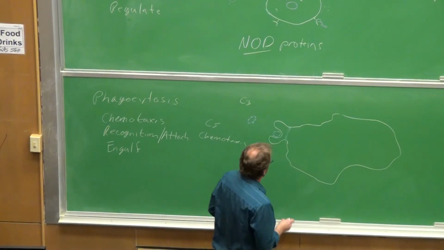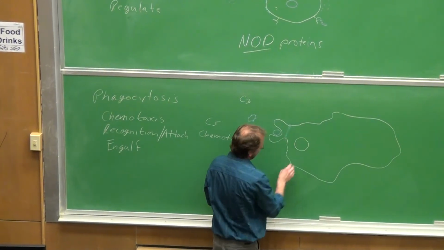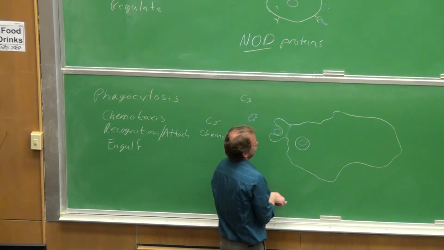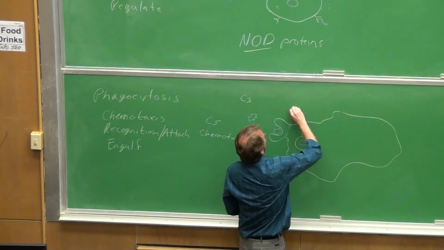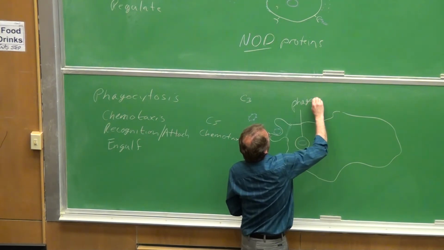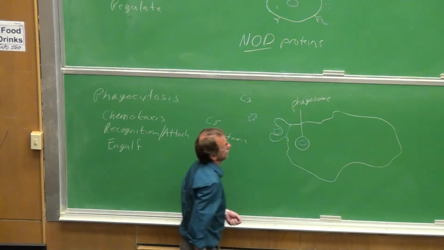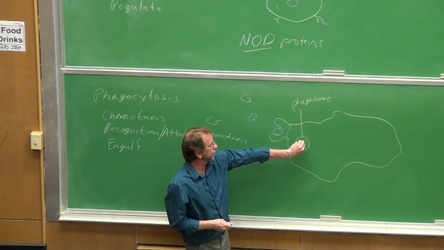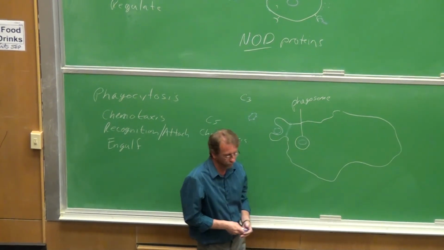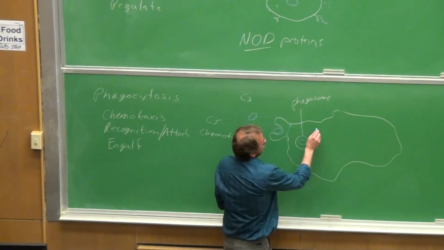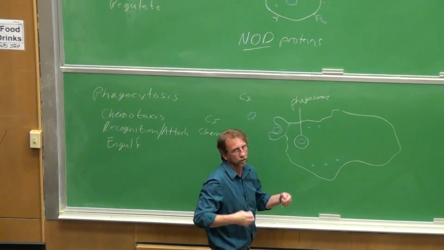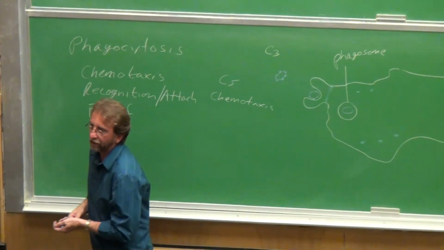With engulfment, we get the formation of a phagosome. So this is a vacuole, pretty much, that's got the bacteria in it. Out here in the cell are little packets of digestive enzymes.